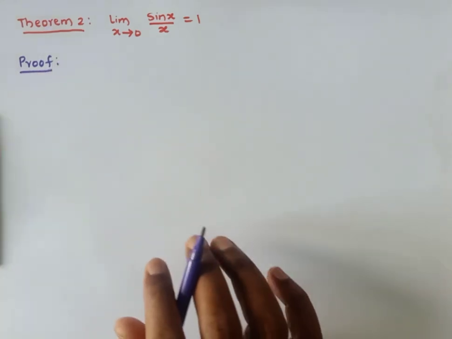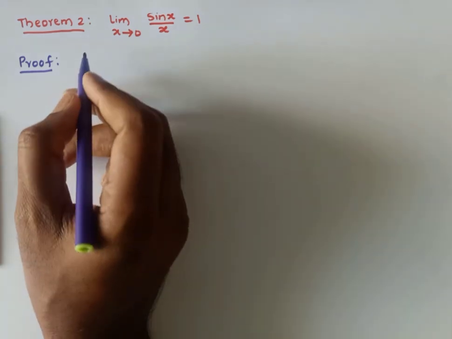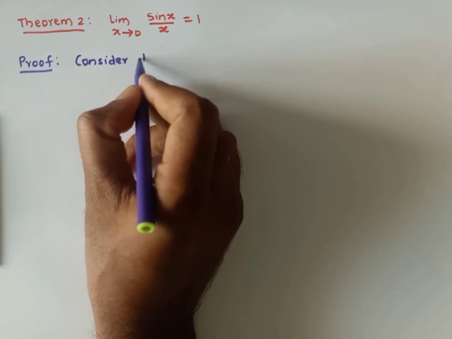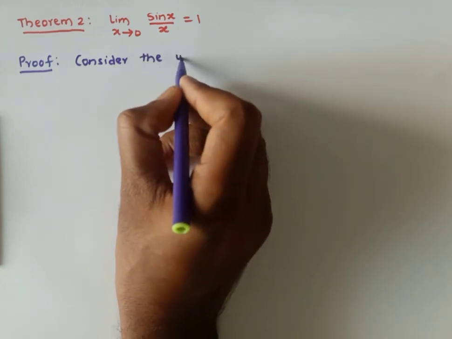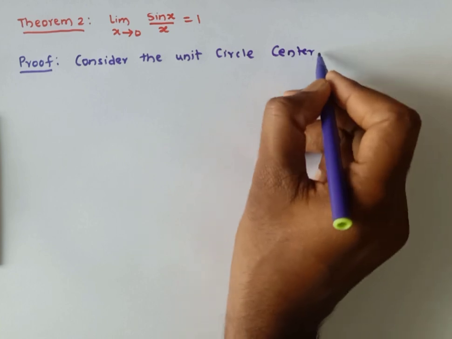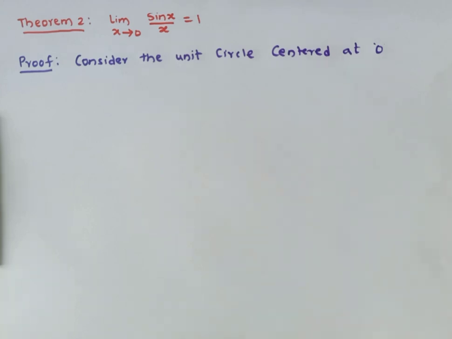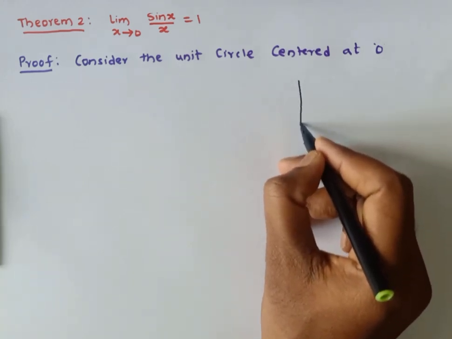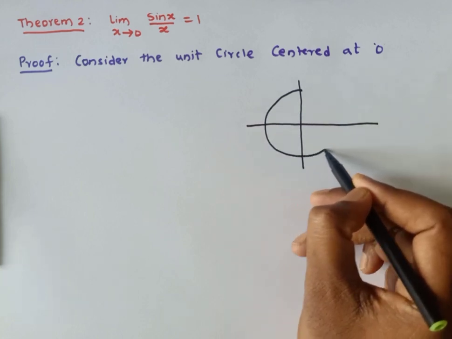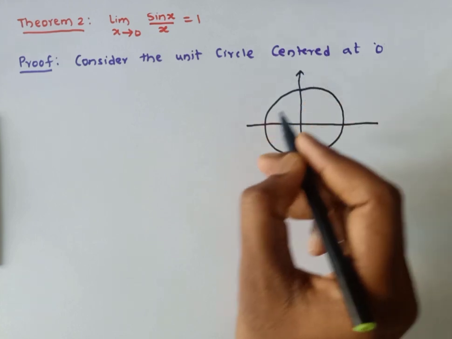To show that sin x by x is equal to 1 as x goes to 0, consider a unit circle which is centered at origin O. Let it be a unit circle, which means the radius of the circle is 1.